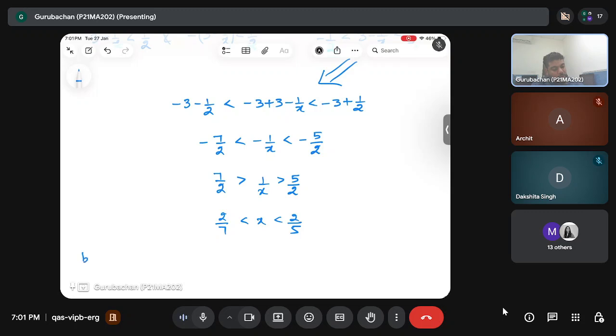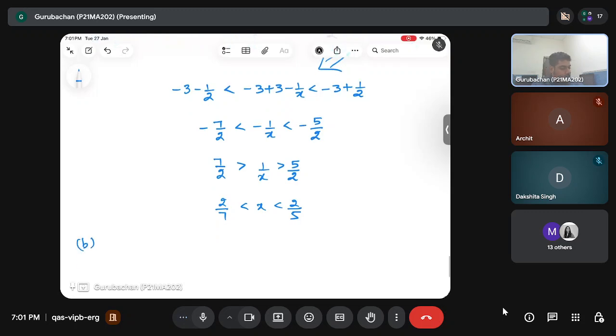What about the B part? 3r by 5 minus 1 is greater than 2 by 5. Try this one in the same way.